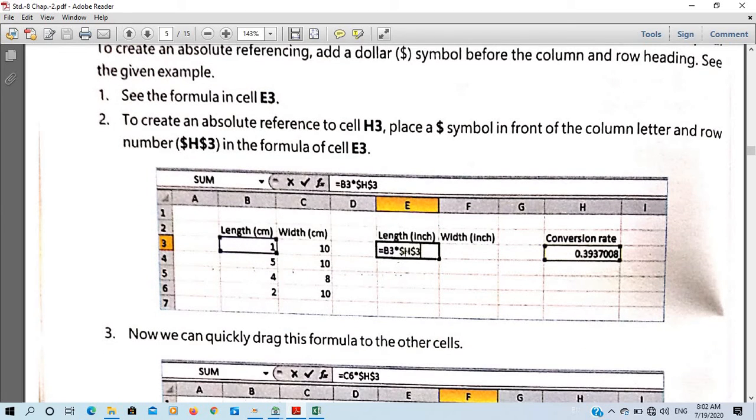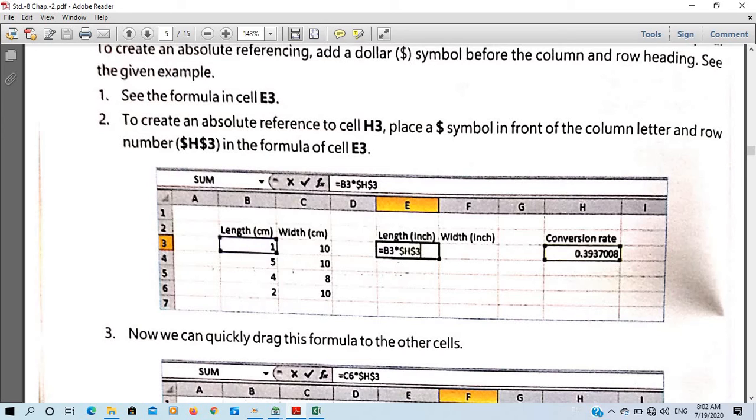I'm explaining with the help of this example. You can see here we have written a formula in E3: equal to B3 into $H$3. What does it mean? B3 may change, but H3 will not change.